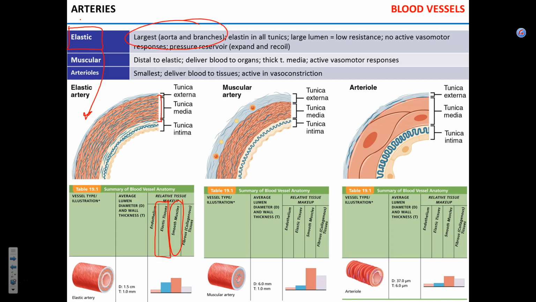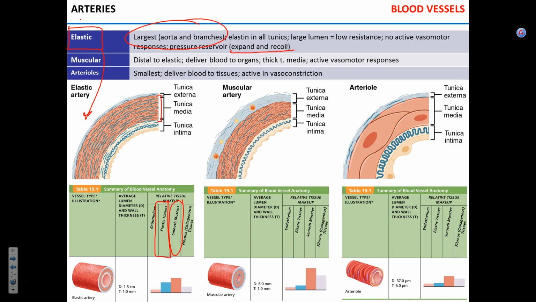They can easily expand and recoil in response to changing blood pressure, which explains their main function to buffer changing blood pressure. Because if you think about it, your normal systolic blood pressure is 120, normal diastolic is 80, and the function of these blood vessels is to buffer these changes, making the blood flow through the smaller vessels smooth.